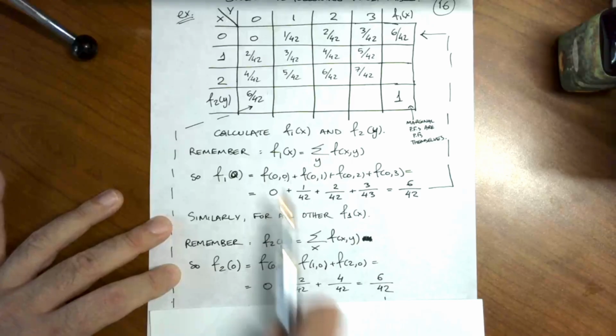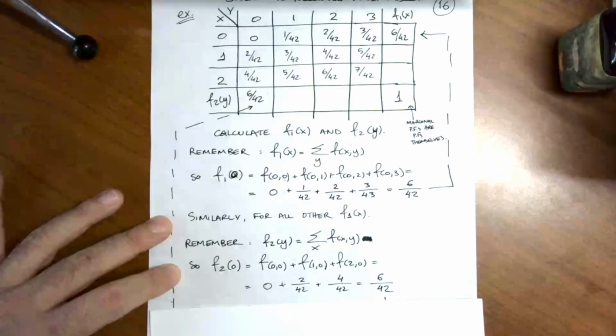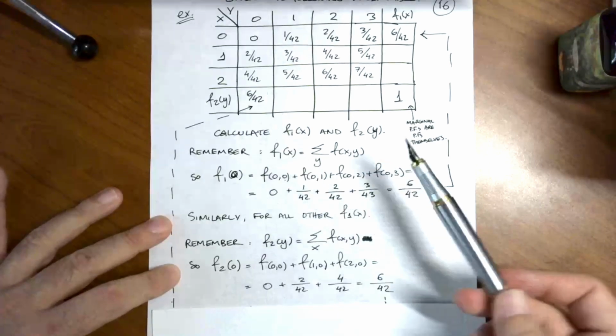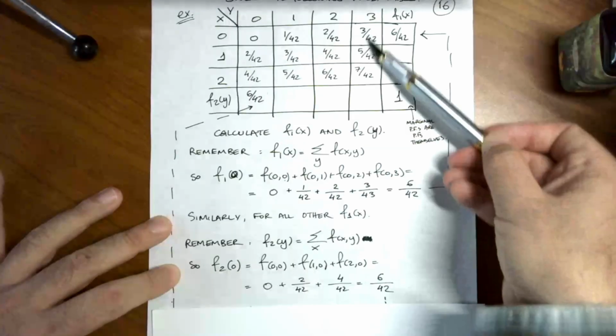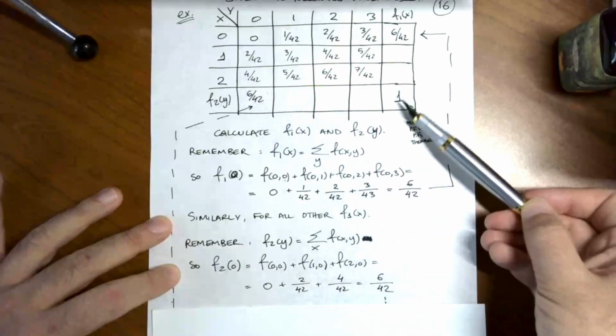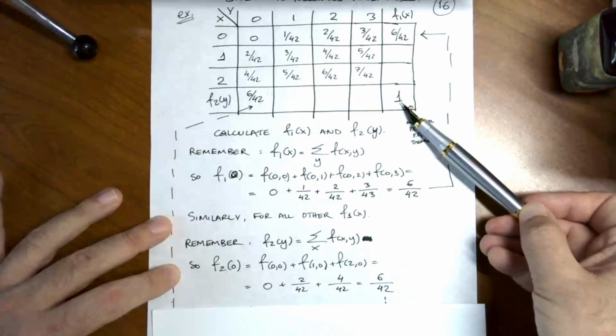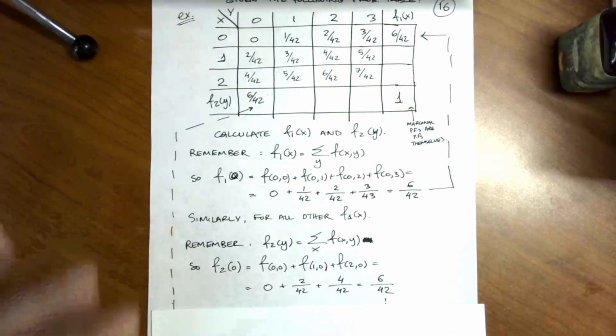That's also equal to 6 over 42. That's by chance. It doesn't mean that these numbers are going to be matching, but what you need to pay attention to is that when you do the same thing for y is equal to 1 and sum up these three values to get a number, these four cells over here need to be summing up to 1 based on the property of marginal PFs.